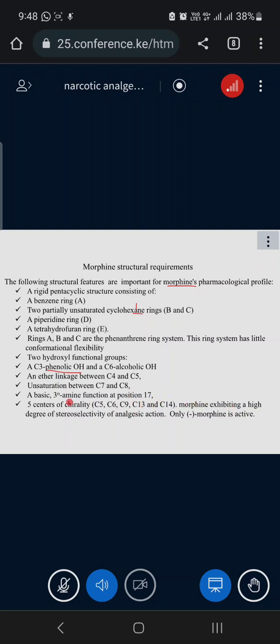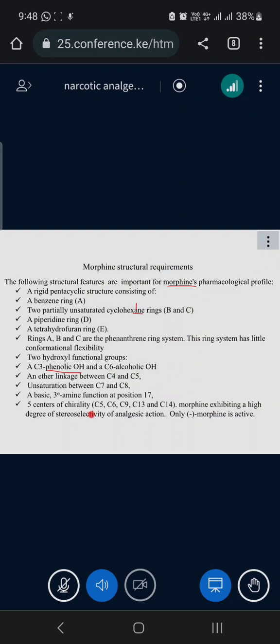Morphine exhibits a high degree of stereoselectivity of analgesic action. So at the receptors there is a lot of stereoselectivity for analgesic activity, and it's the levorotatory morphine which has activity.